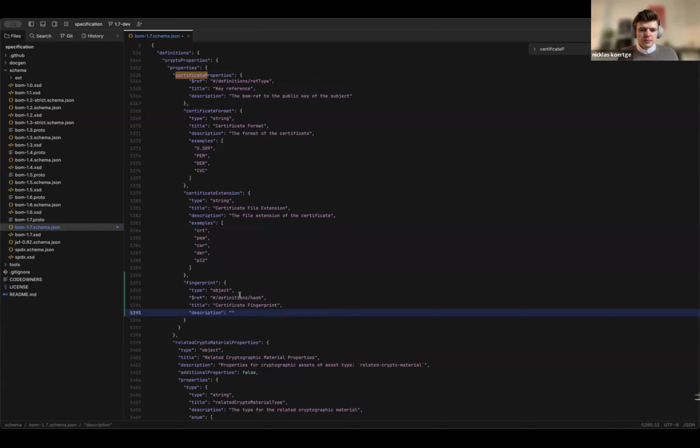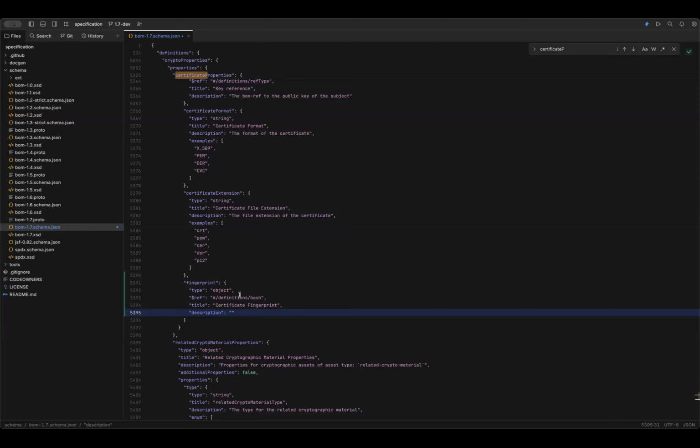And it's basically just a pair of two values. One is the algorithm and the second is the value, so the hash value. And in this case, it's then the hash or the fingerprint hash for the certificate. I don't know how it's actually named in the certificate world.